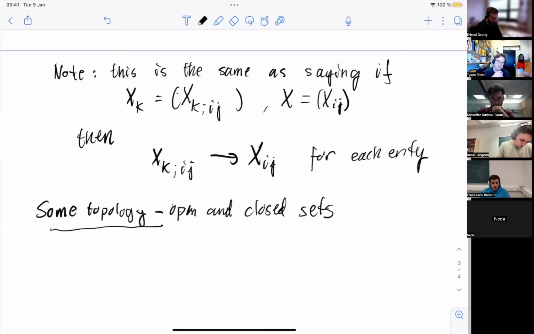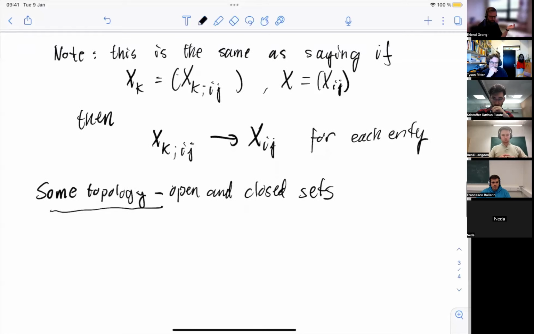So what does topology mean? Topology is about the question of what sets are called open and what sets are called closed. If you have worked with open and closed sets in any setting, that's working with topology essentially.